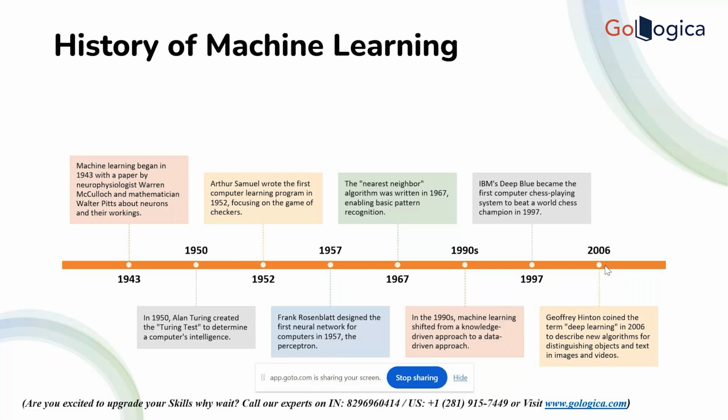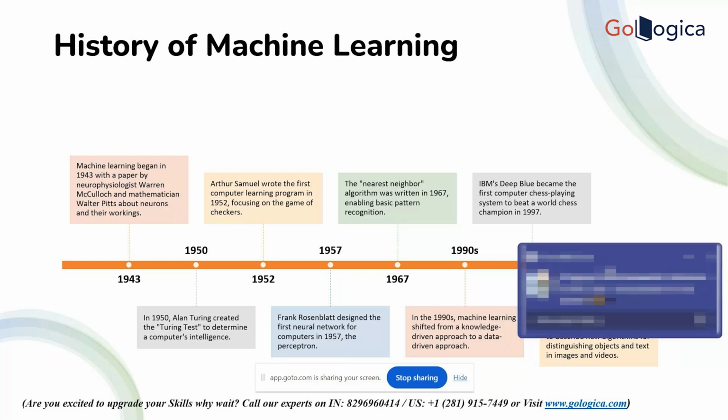Just after a few years in 1957, Frank Rosenblatt designed the first neural network for computers, which simulates the thought process of the human brain. Later in 1967, the nearest neighbor algorithm was written, allowing computers to begin using very basic pattern recognition.